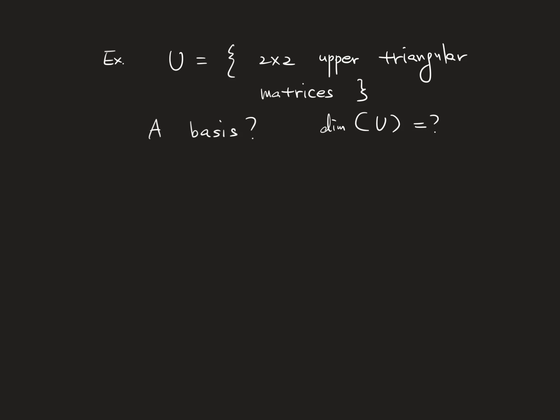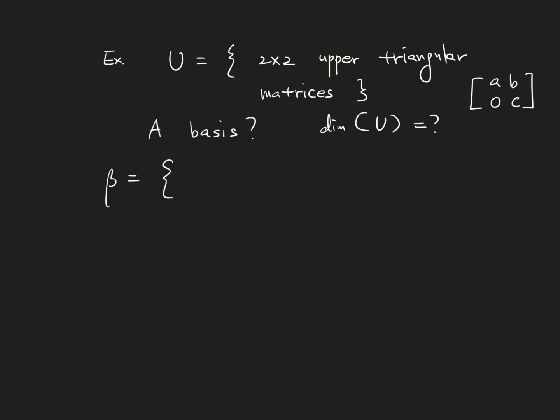So U is a vector space because it's closed under addition and scalar multiplication. And what is a basis? Well, it's pretty easy, because upper triangular matrices are in this form: [a b; 0 c].